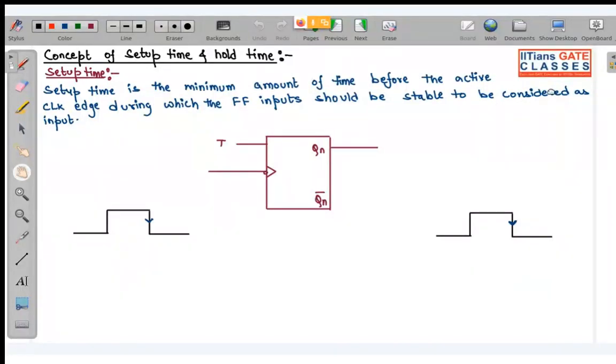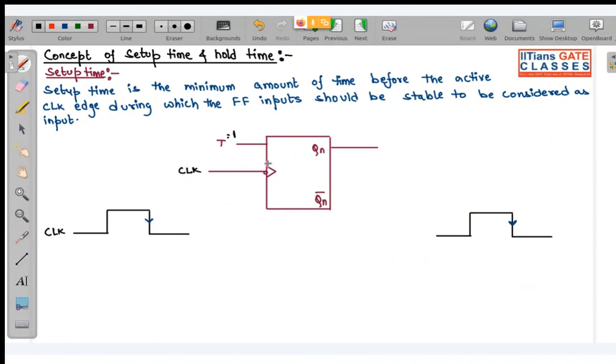Up till now, whatever we have studied, we haven't seen what time before. You can see this is your T flip-flop, and let us assume that the input is 1 for this T flip-flop, and this is a negative edge triggered T flip-flop working in toggle mode, and this is your external clock.